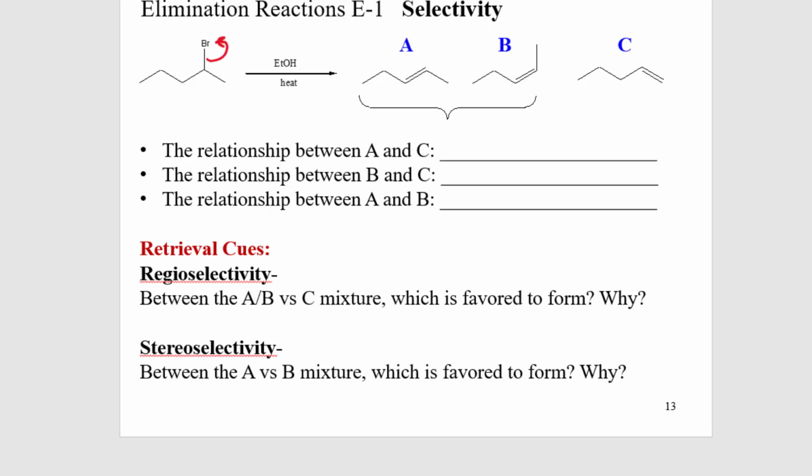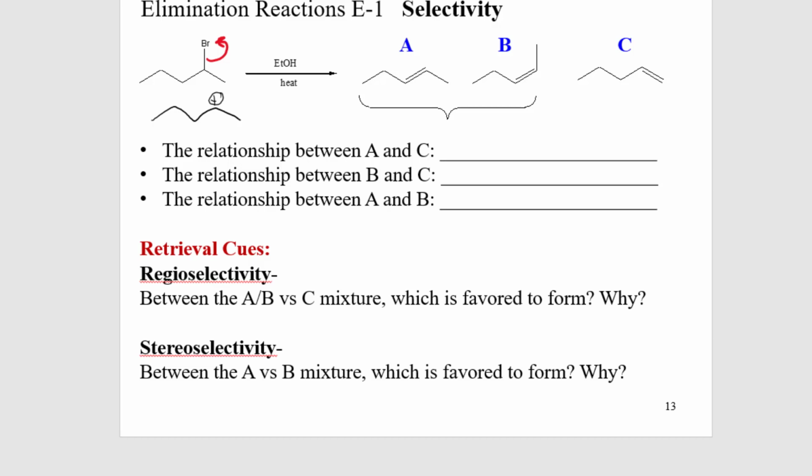The bromine leaves, you form a carbocation. It's secondary. I'm not going to move it because there's no reason to. There's no reason to move next door if it's going to stay the same, right? You're not going to do a lateral move. So secondary to secondary is not going to happen. No thermodynamic thrust to do so.